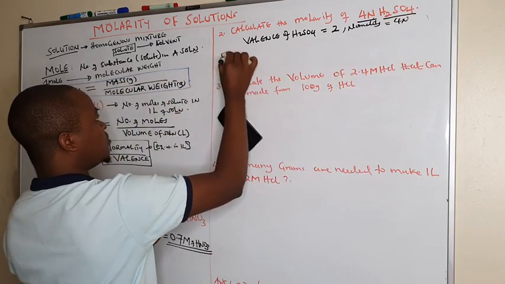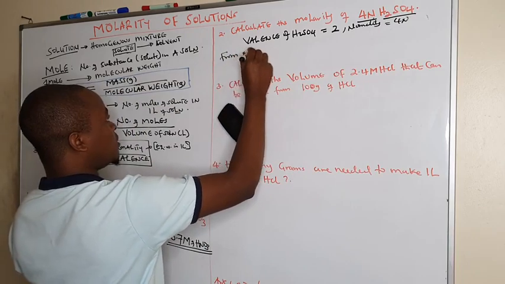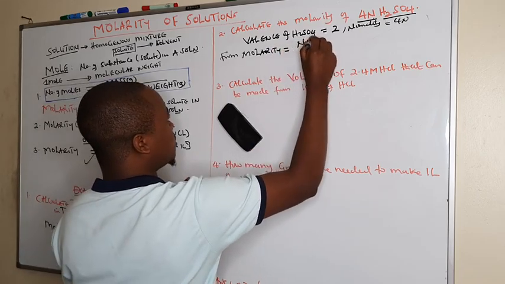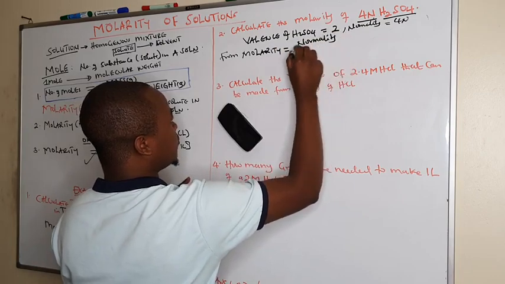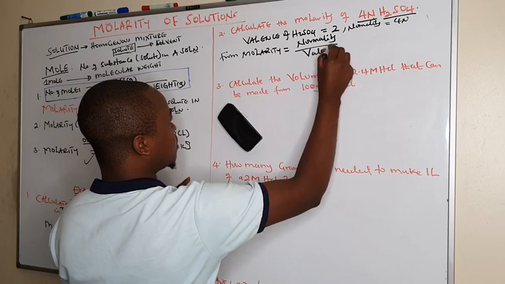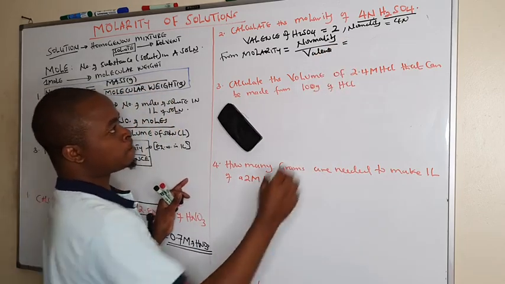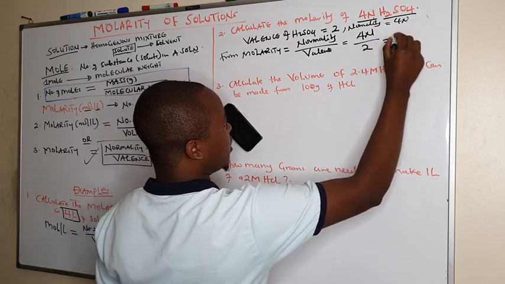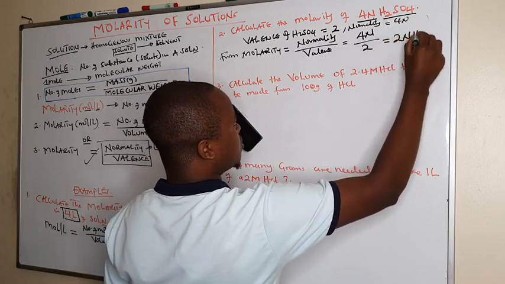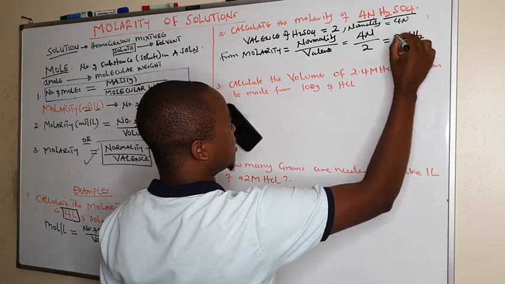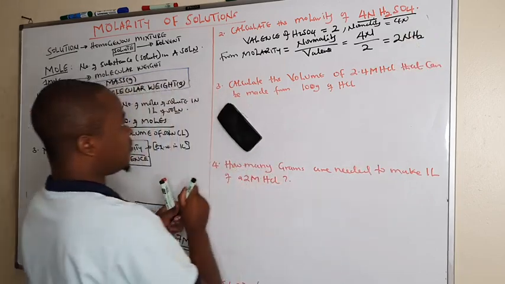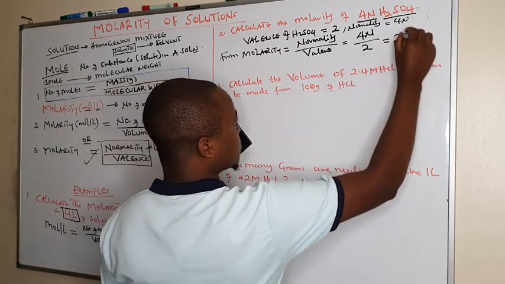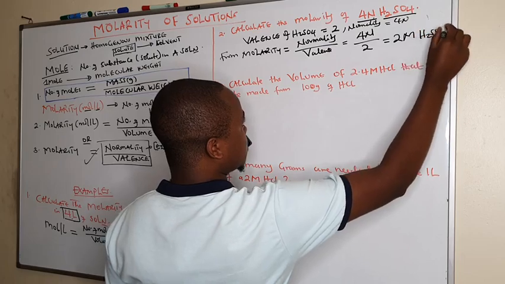So from molarity equal to normality divided by valence, we are able to get 4 normal, we divide by 2, and we get our final answer as 2 molar sulfuric acid.